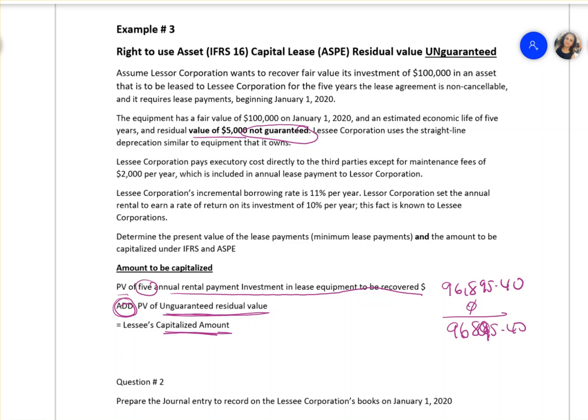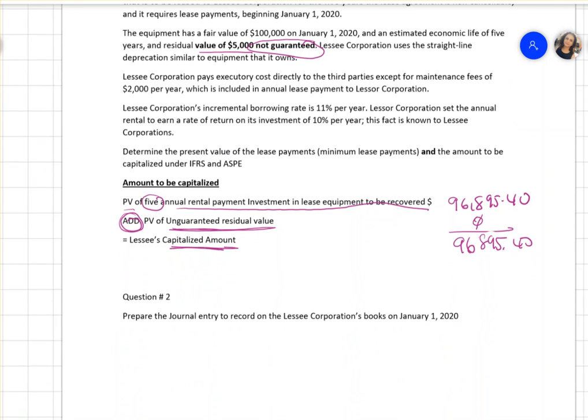96,895.40. Now you see the difference between the question that we did before and this question is what we do with the residual value. In this case the residual value is unguaranteed. If it's unguaranteed, we don't include it in our depreciation calculations, and we do not include it in our payment. So this is what the lessee capitalizes.